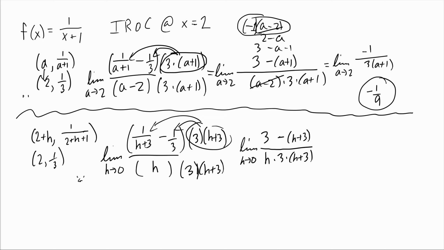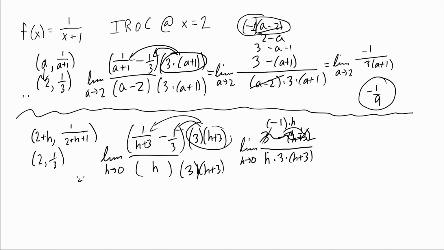Notice that on the top, we're going to get 3. This negative will distribute, so 3 minus 3, the 3's will cancel. We'll be left with just negative h on the whole top. Now, notice h itself is a factor of the top. We could have just thought of this as negative 1 times h.